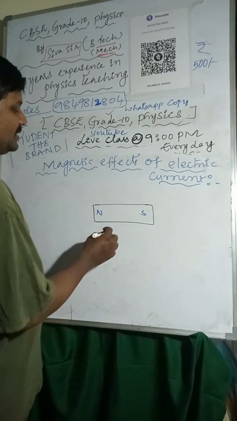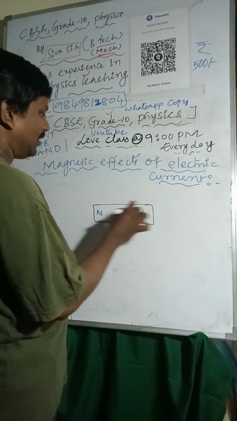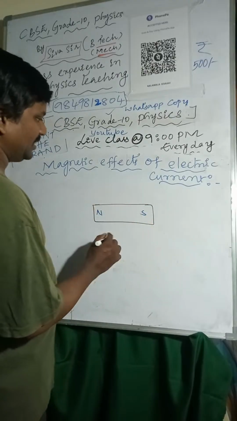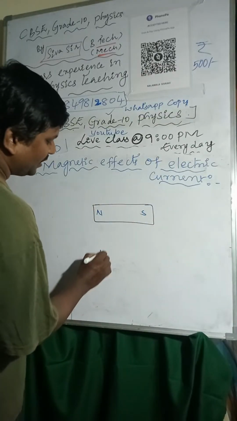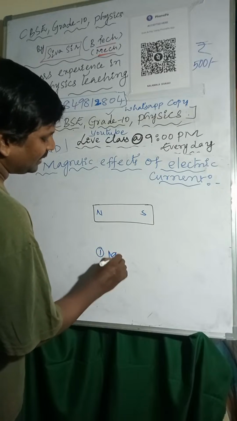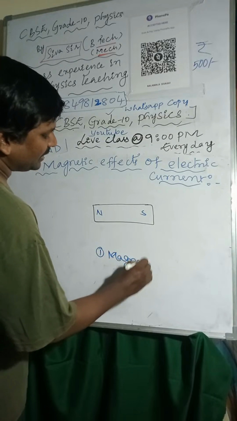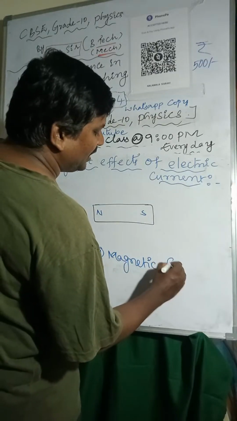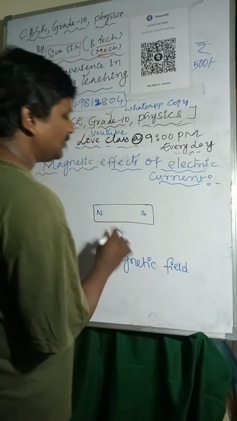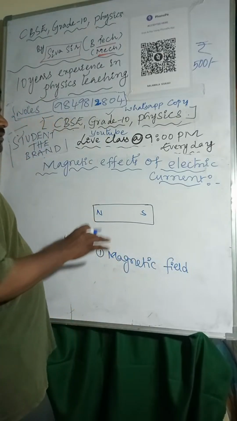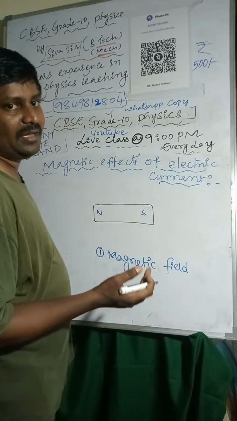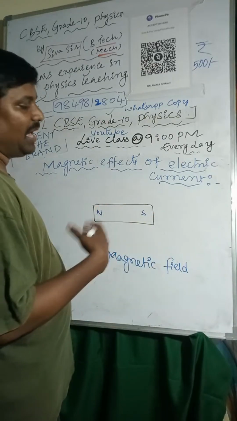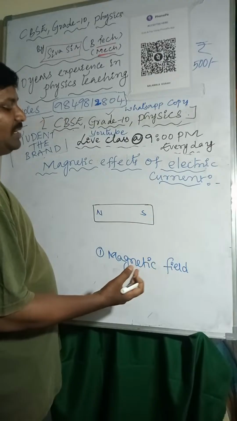Around the magnet, a magnetic field will be there. So what is a magnetic field? The magnetic field is the region around the magnet in which the magnet exerts force, or attracts magnetic materials.